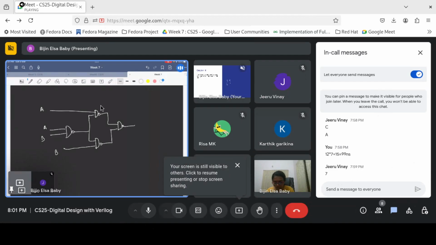This is one XOR gate. So the output will be the XOR gate. Then it will be XOR with the carry gate.